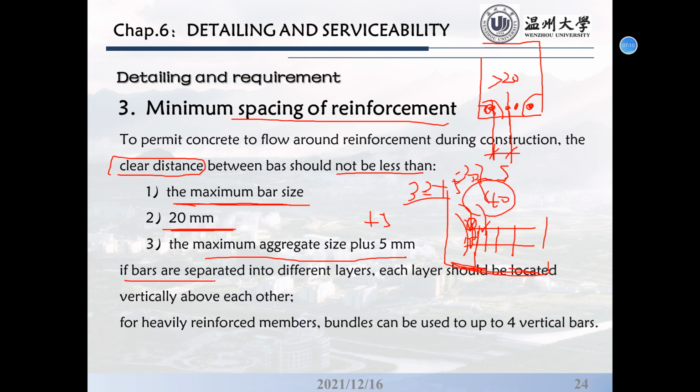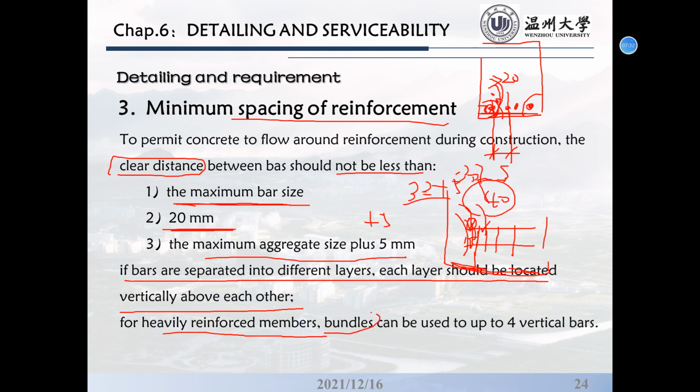If the bars are separated into different layers, each layer should be located vertically. That means not hindering the concrete from passing through the cage to the bottom.